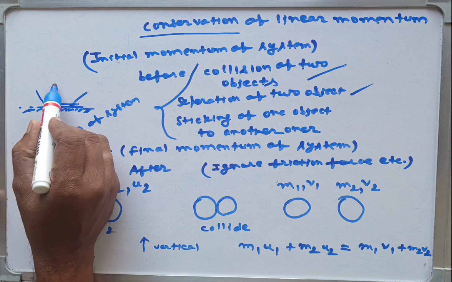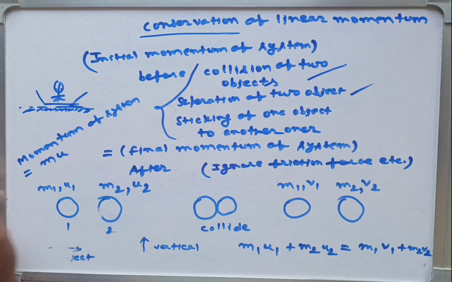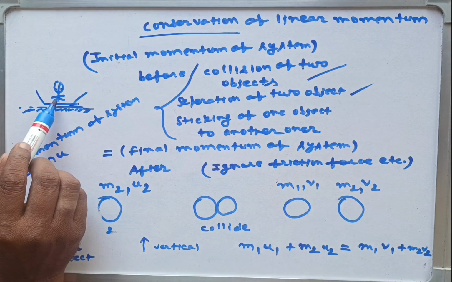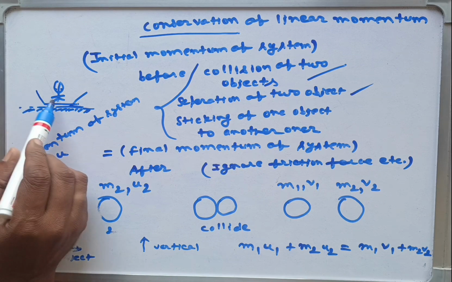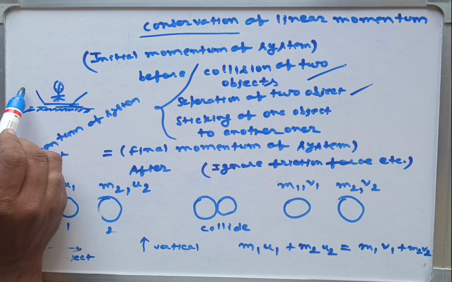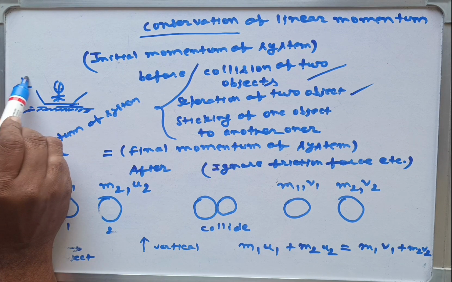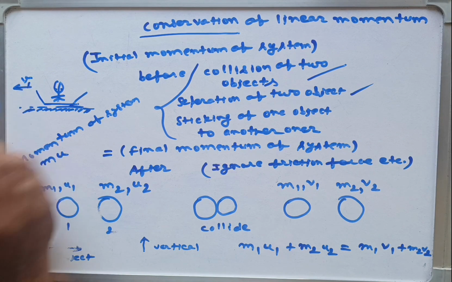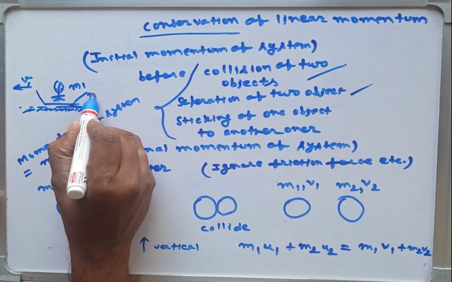Suppose you are sitting here, and you jump from this one and move horizontally with velocity v, say this one is v1. Say your mass is m1 and the boat mass is m2.